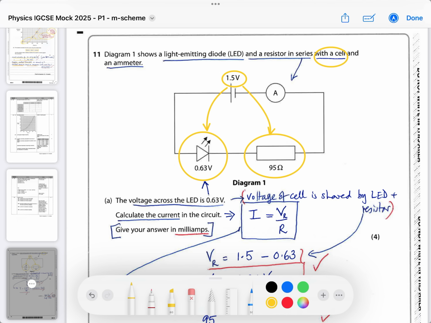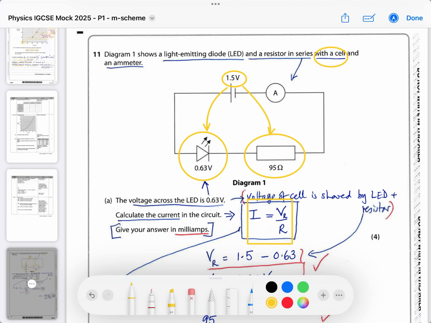Well, we don't know the resistance of the diode, but we do know the resistance of the 95 ohm resistor, and if you can work out the voltage of the resistor, you can then use Ohm's law, I equals V of the resistor divided by the resistance of the resistor, to work out the current in the circuit.